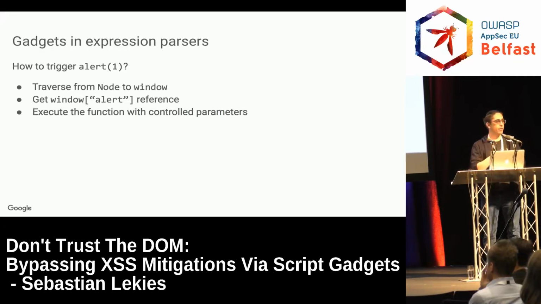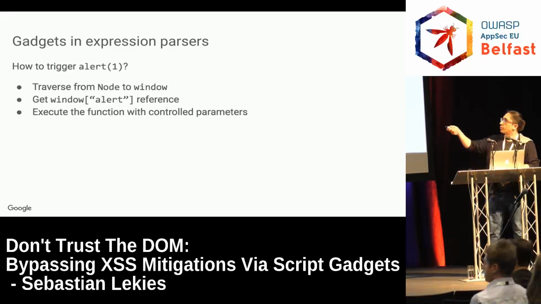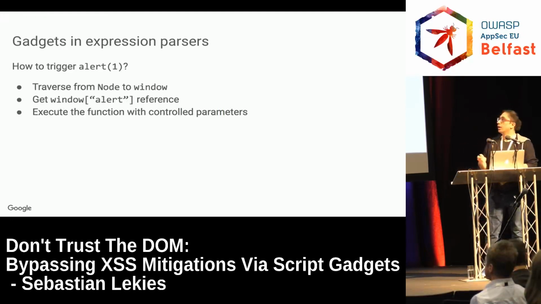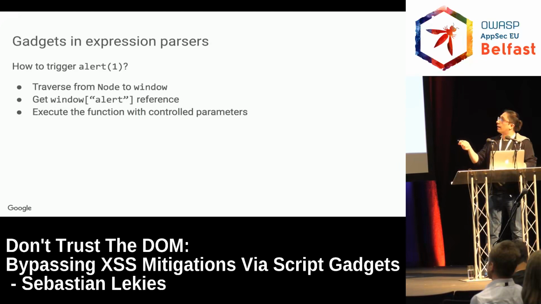The context often is some kind of element in the DOM or element in a template within the DOM. And we can traverse that using the property accessors, from a node to window. You will see an example in a second. And then once we have the reference to the window, we can again abuse this expression language in order to get the reference to the alert function of the window as a proof of concept, right? And then we can abuse the expression language, the function call one, to, well, essentially execute this alert function.